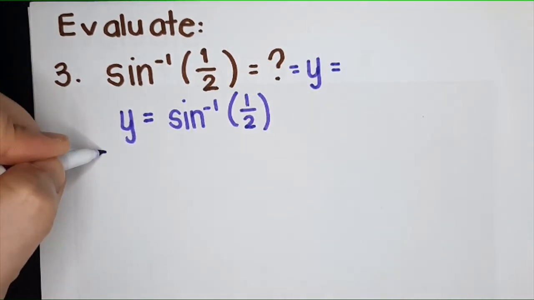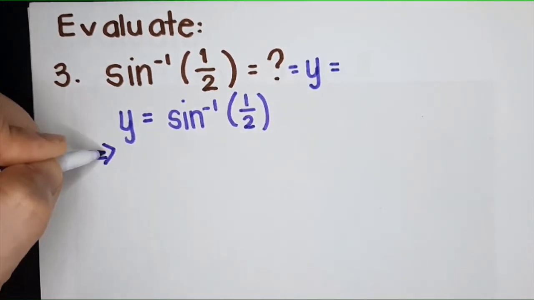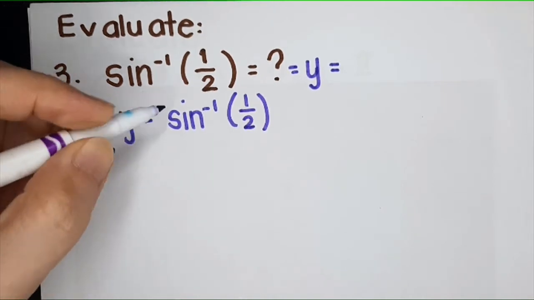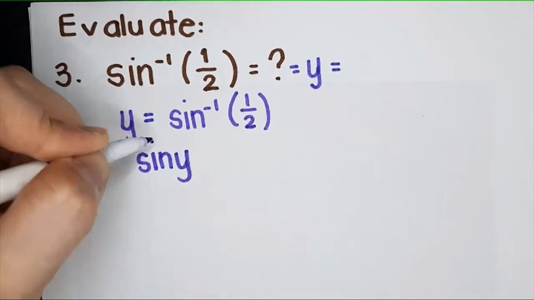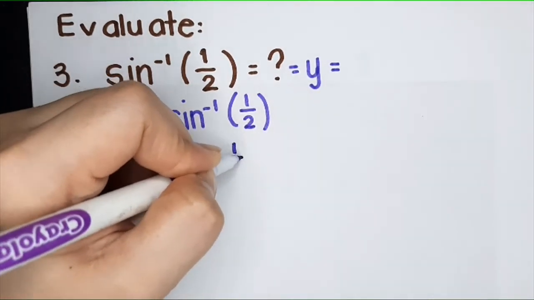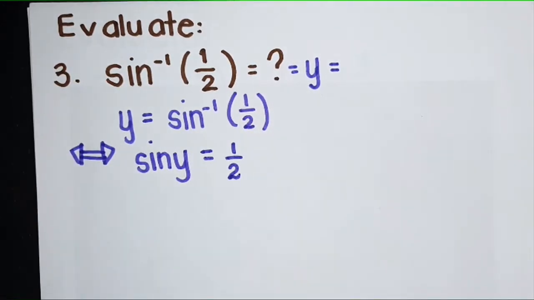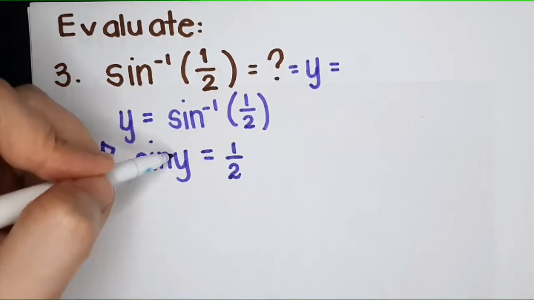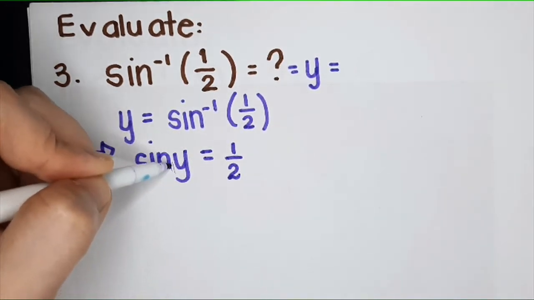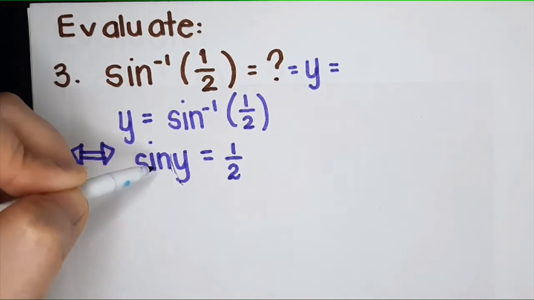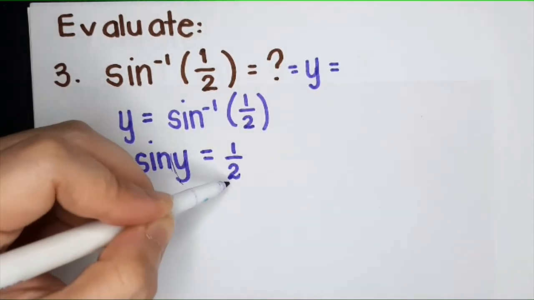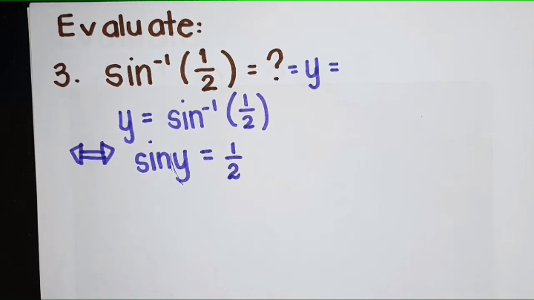Equivalently, we can write this as sine of y equals 1/2. So, parang iisipin mo, anong angle measure itong y na kapag kinuha ko yung sine niya, ang sagot, 1/2.